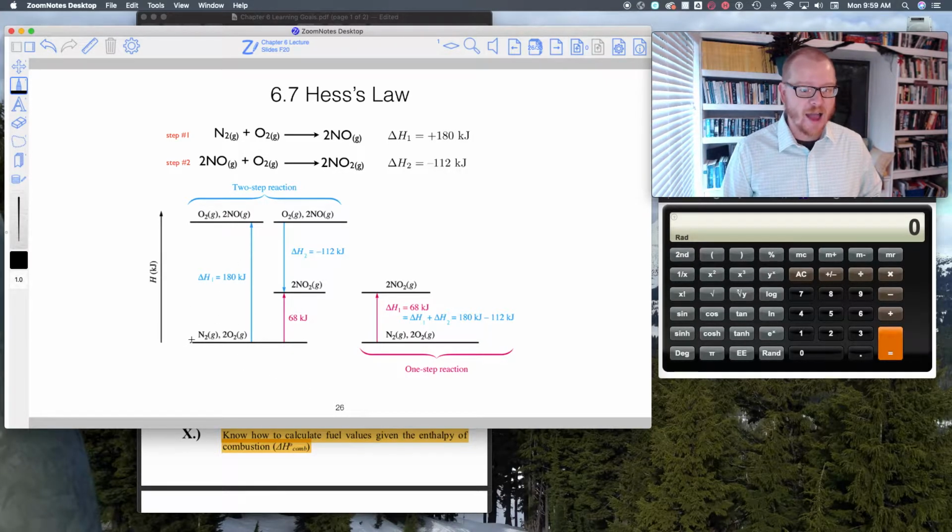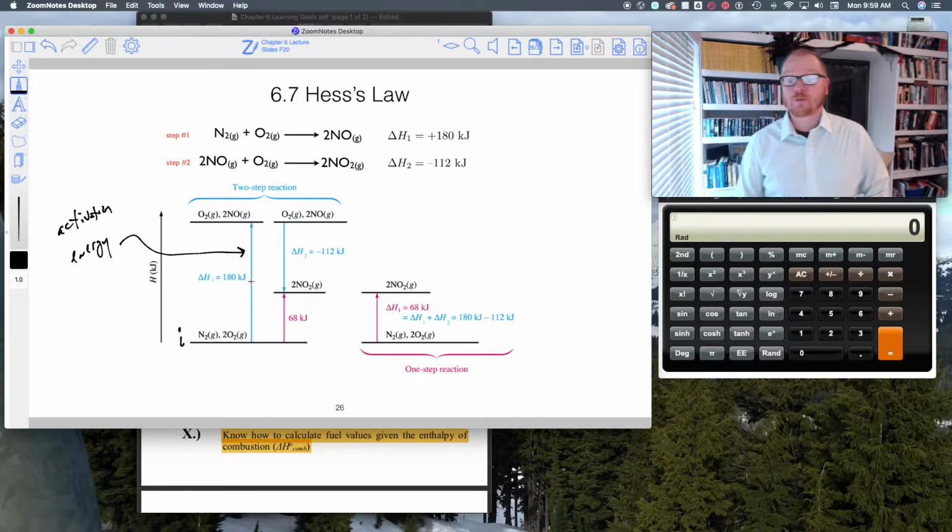So graphically, we can see that right here on this chart. So here I have my initial state of nitrogen and two oxygens, okay? There's this large endothermic enthalpy, 180 kilojoules, that's required for the first step. We often refer to that as an activation energy when a reaction has a large and positive first step.